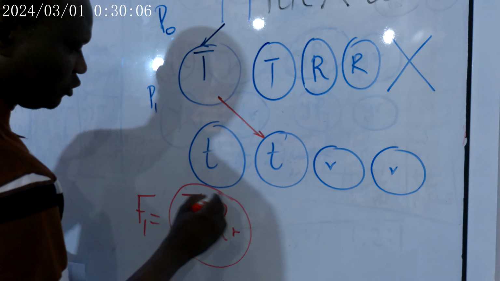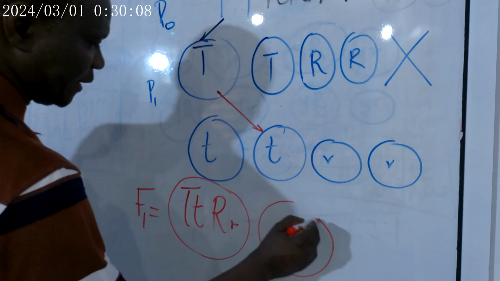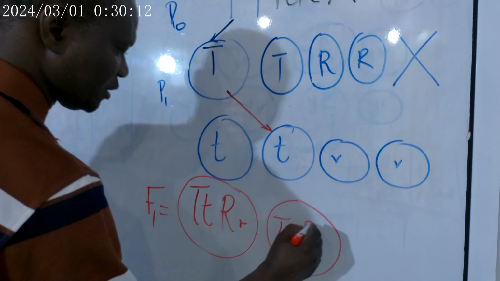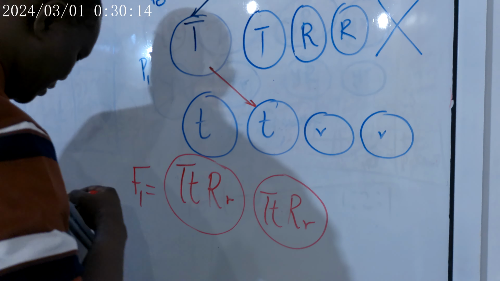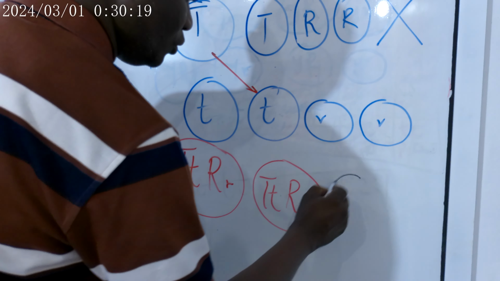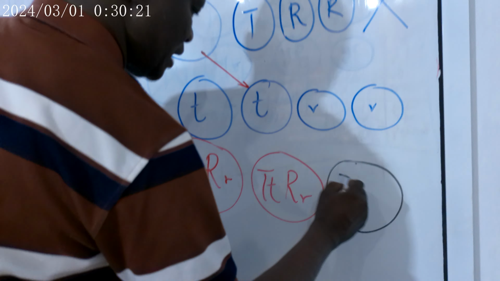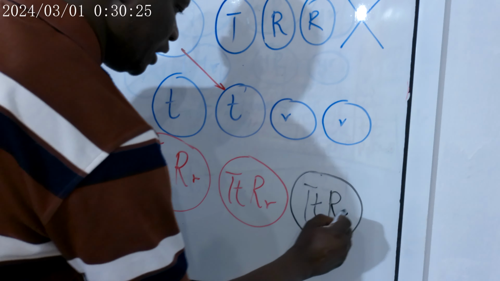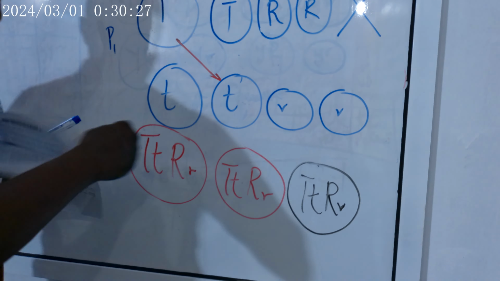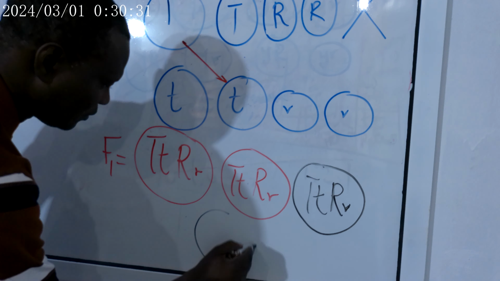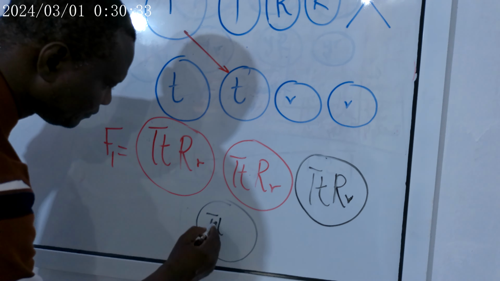If you are a student of advanced mathematics and you apply the formula of a combination, you will know exactly how we come about this. But as a biologist here, just know that we are going to have 4 of this.